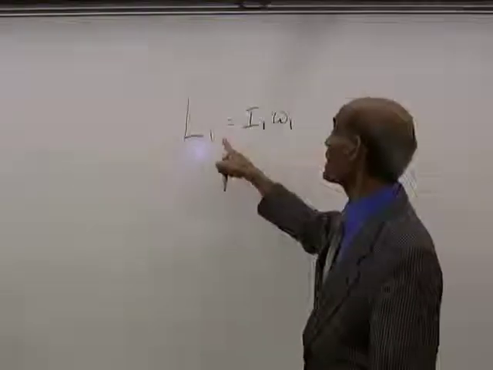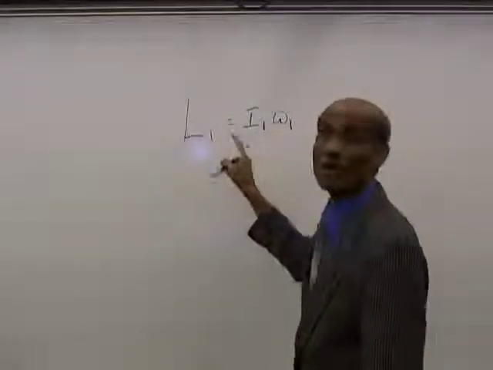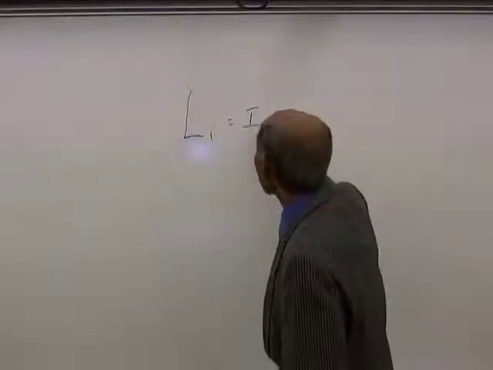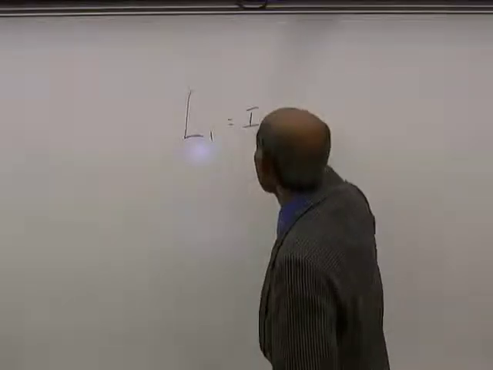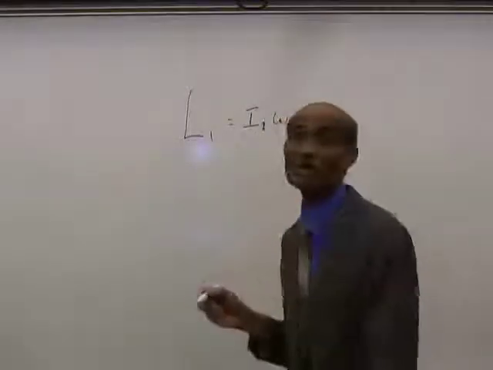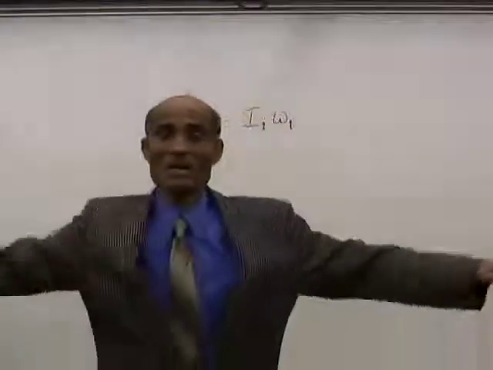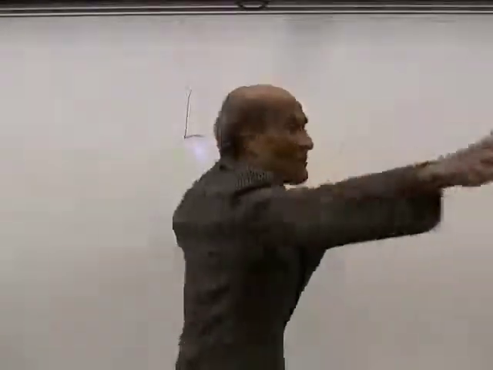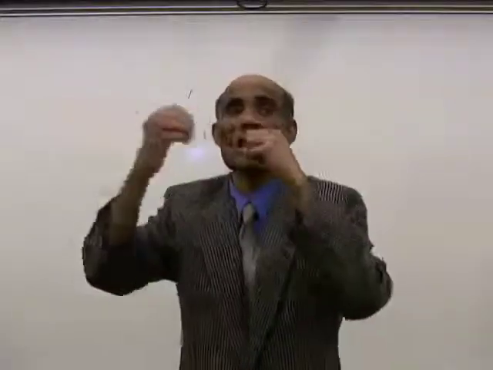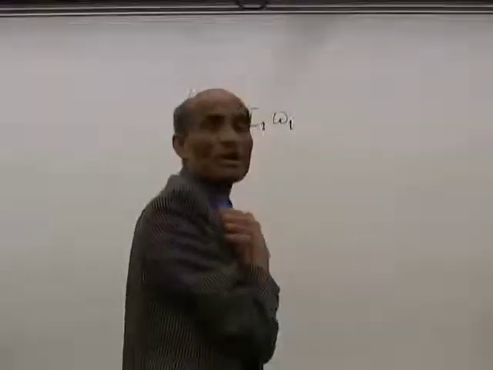My initial angular momentum is I1 omega 1, or I sub I omega I, with initial angular velocity. Now, as I keep doing this, what happens if I bring my arms close to my body?